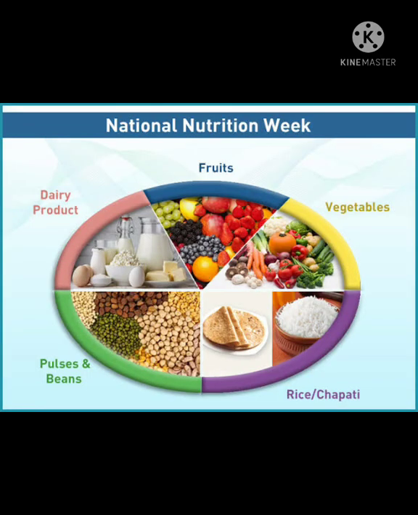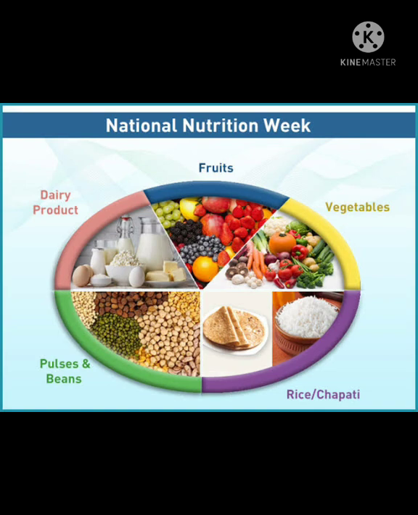What do you observe in this picture? You will see fruits, vegetables, rice, chapati, pulses, beans and dairy products. Fruits and vegetables contain vitamins and minerals. Rice and chapati contain carbohydrates.